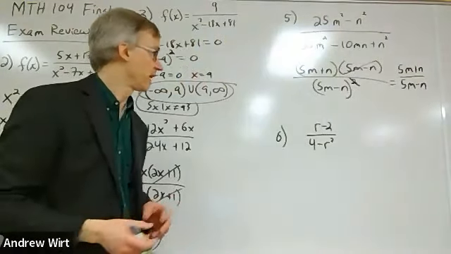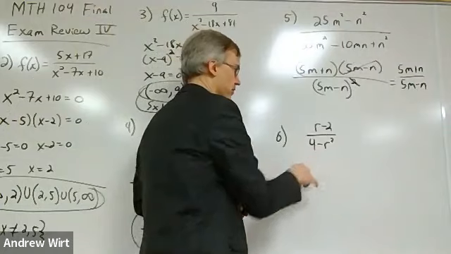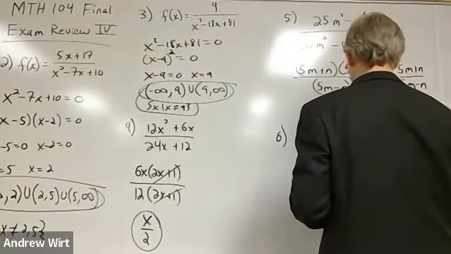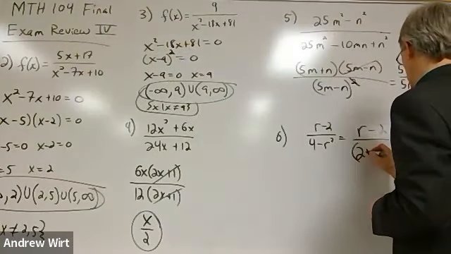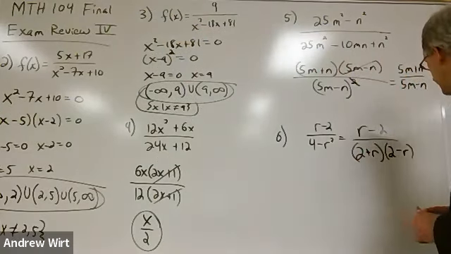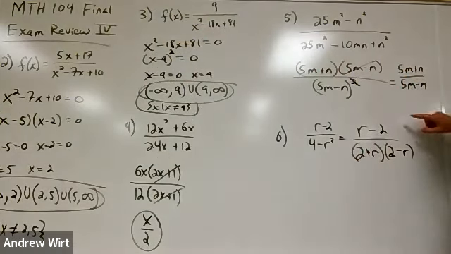Same deal for number 6, factor and cancel. Difference of squares on the bottom. So this gives us r minus 2 over 2 plus r times 2 minus r. So now we've got nearly matching binomials, but they're in a different order. So we're going to use our flip trick.